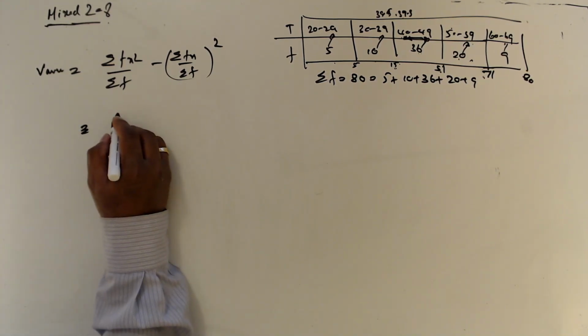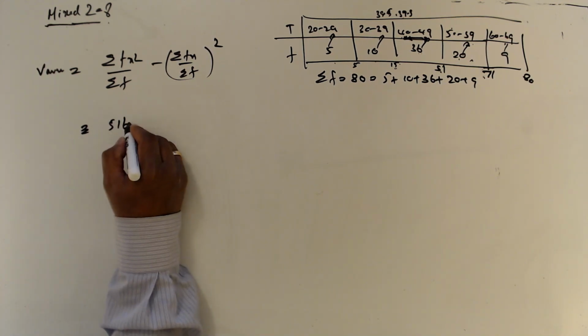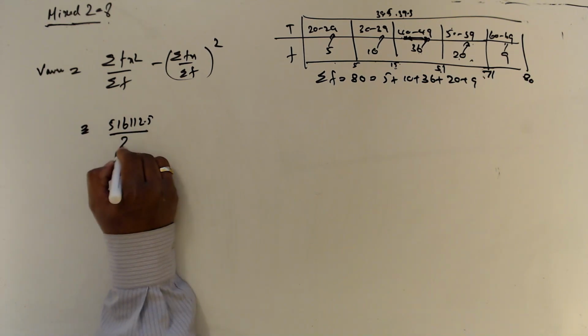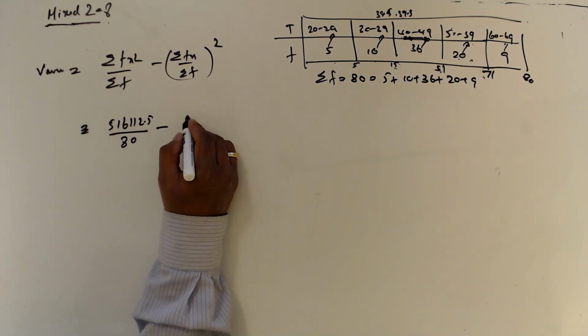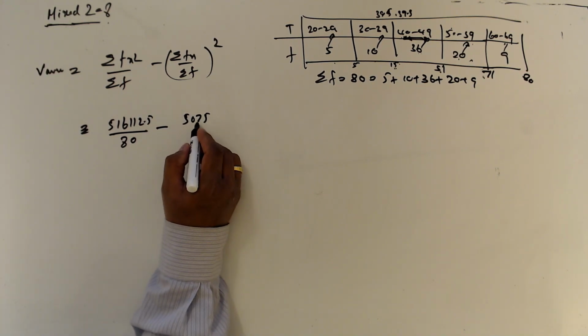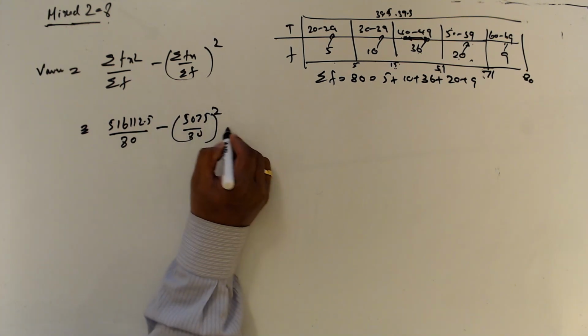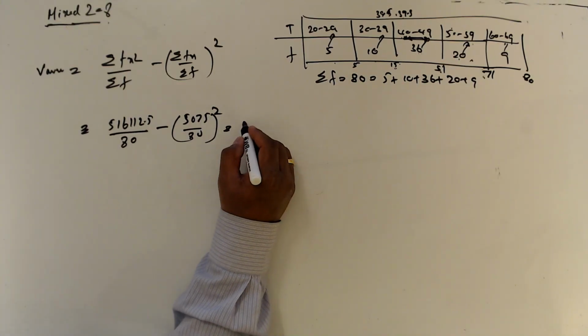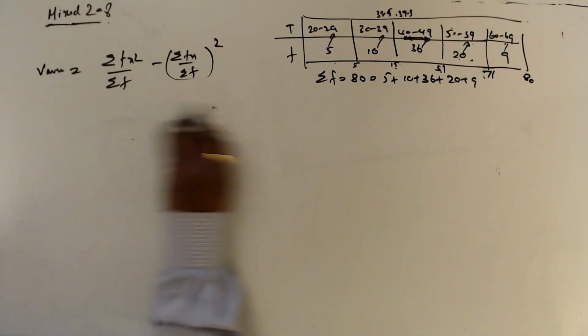So this is going to be 516,112.5 divided by 80, and 5745 divided by 80 squared. Sorry, I think I put the wrong number. I put the numbers in the next one.